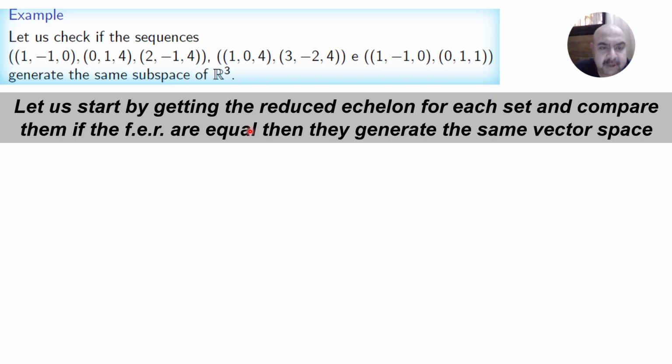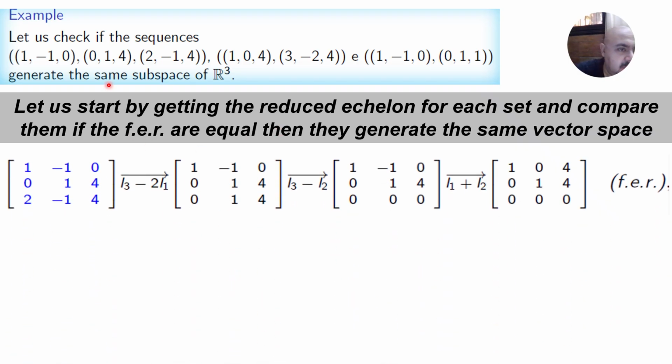So let's start by getting the reduced echelon form for each of these sets. For the first set, I will take the first vector to be the first row, the second vector to be the second row, and so on for the third one. Fixing the first row and multiplying the first row by -2 and adding it to the third row, I will reach this form.